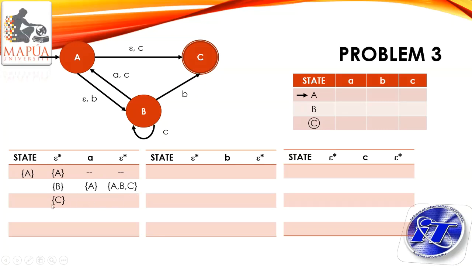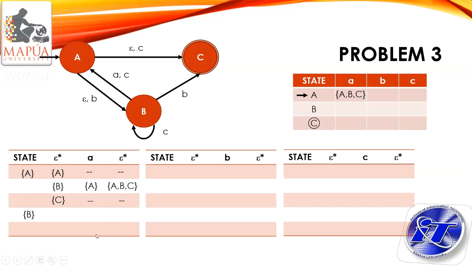And if it's on C, if it's A, nowhere to go. So therefore, the final path for A at A is A, B, C.